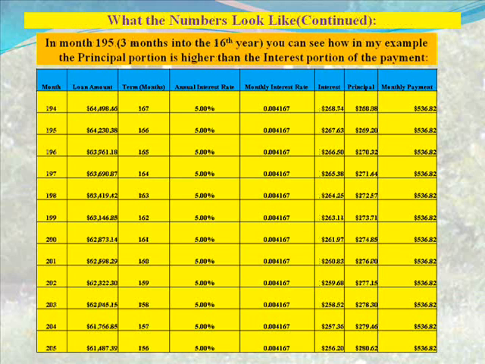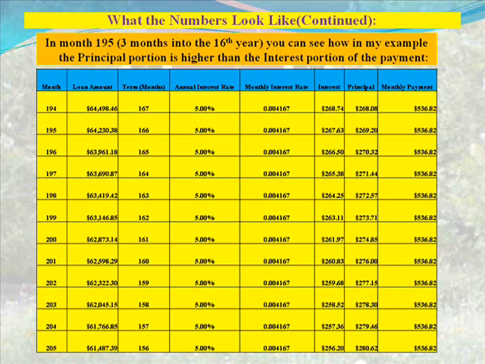Let's look at what the numbers look like as we continue. In month 195, 3 months into the 16th year of this fixed-rate amortized loan, you can see how in my example, the principal portion is higher than the interest portion of the payment.